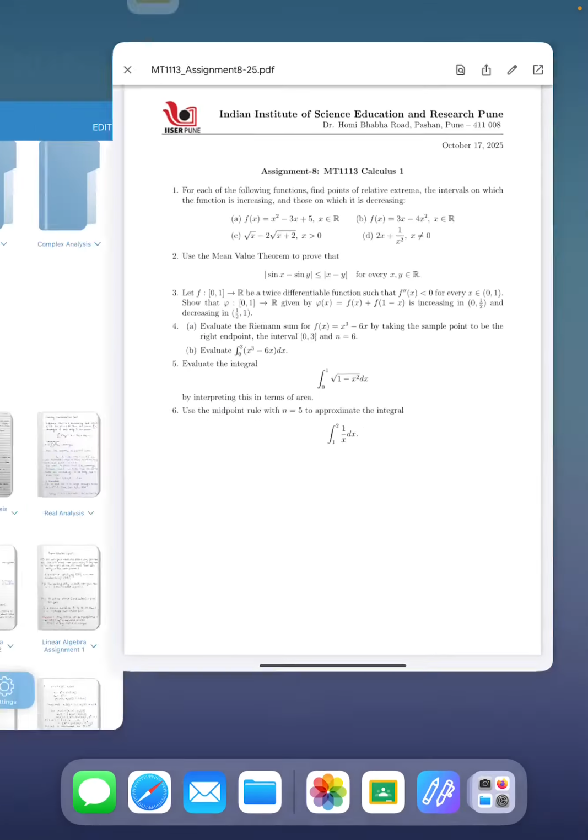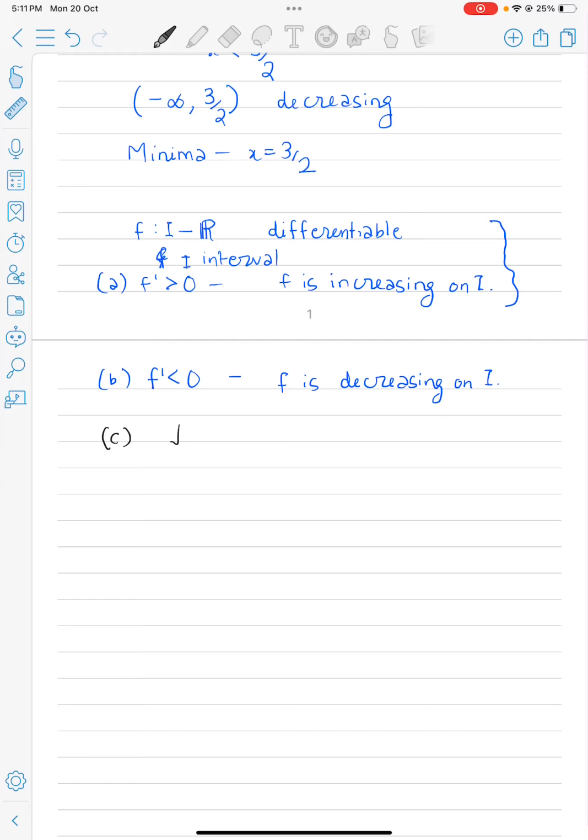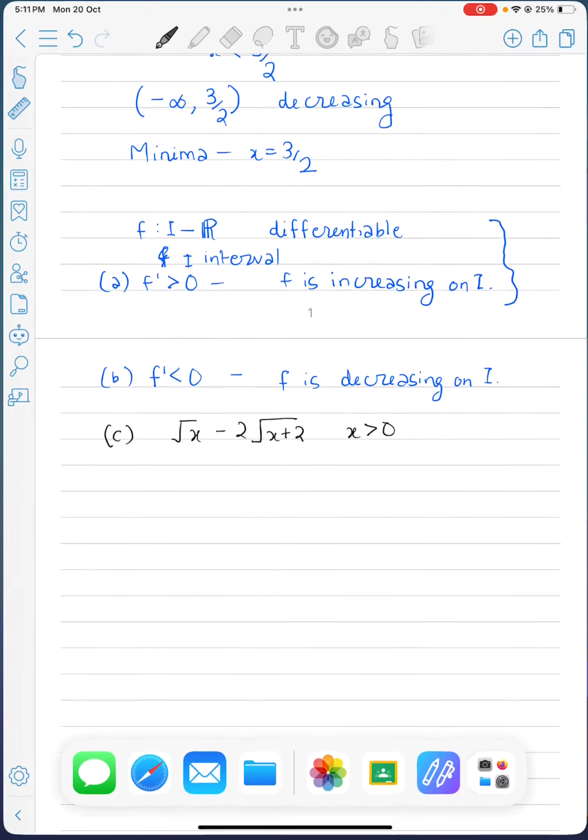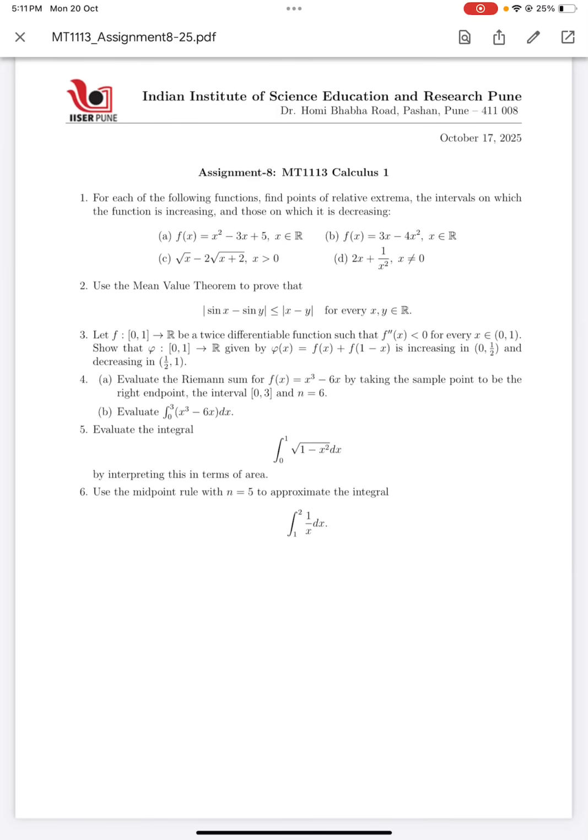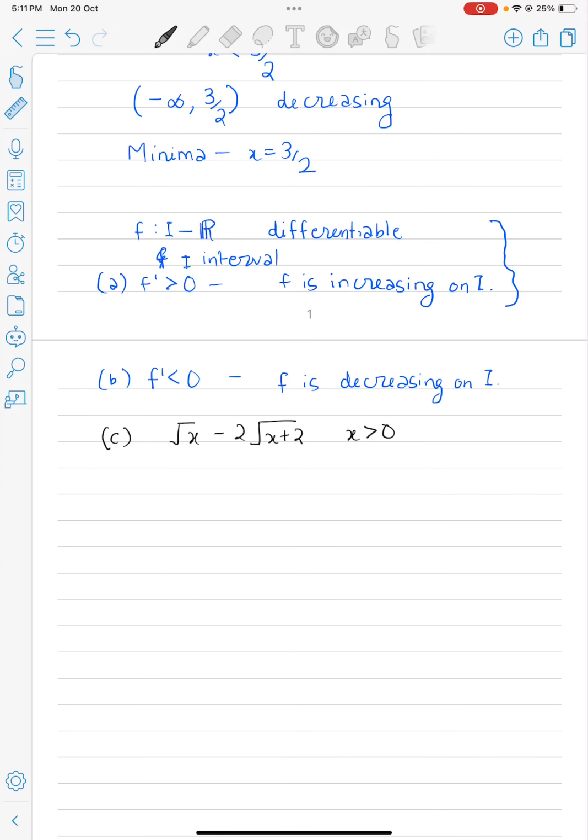This is root x minus 2, root x minus 2x plus 2. Okay. x is greater than 0. Okay. So, how do you differentiate? Is this differentiable? Yes, it is differentiable, and this will be half x to the power minus half minus 2 half x plus 2 to the power minus half.